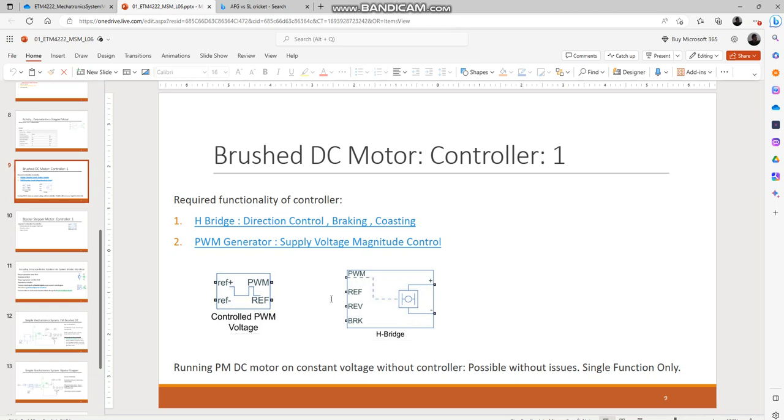And I asked the question within the physical class whether a PMBDC motor can be run without any kind of controller, with only the battery, a pair of wires, and the motor itself. And you all gave the correct answer that it is possible.